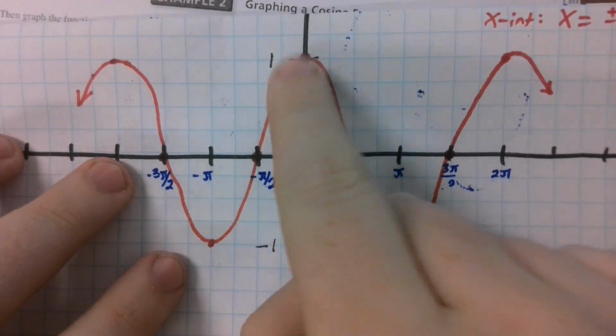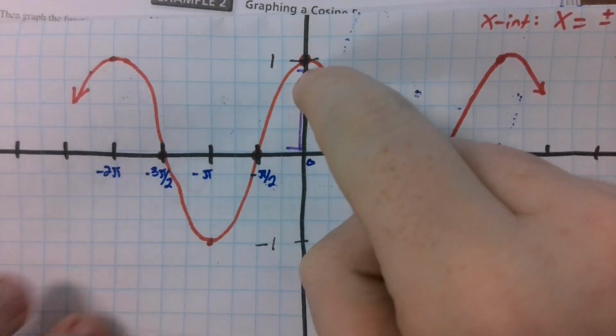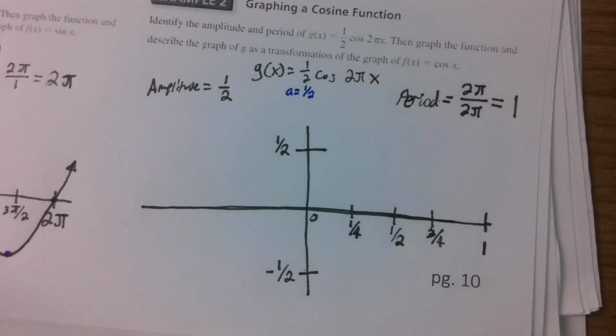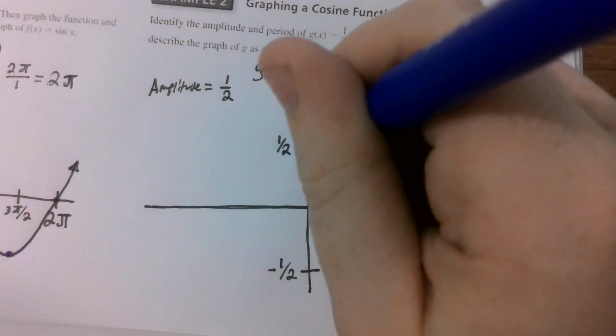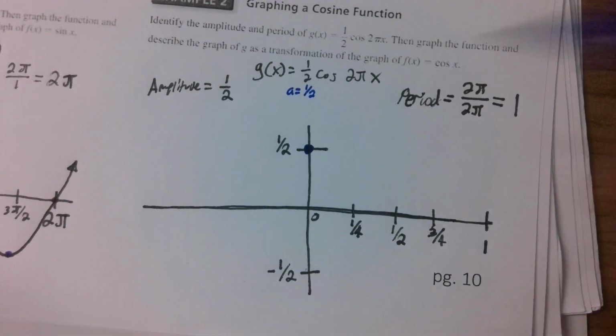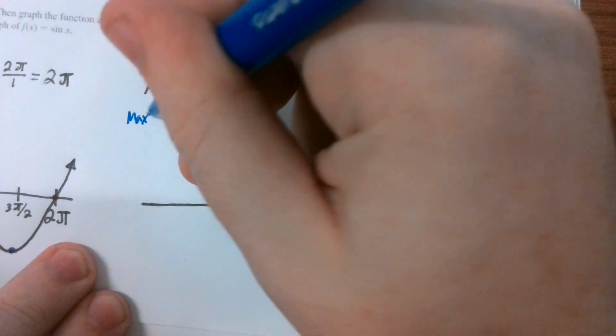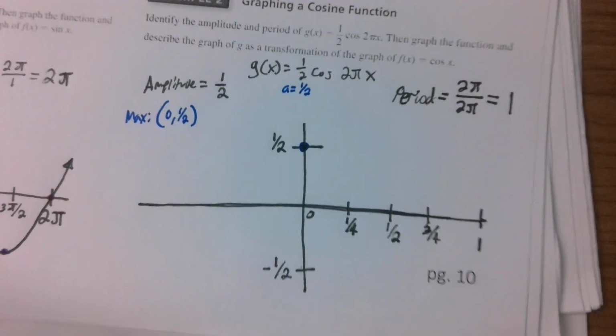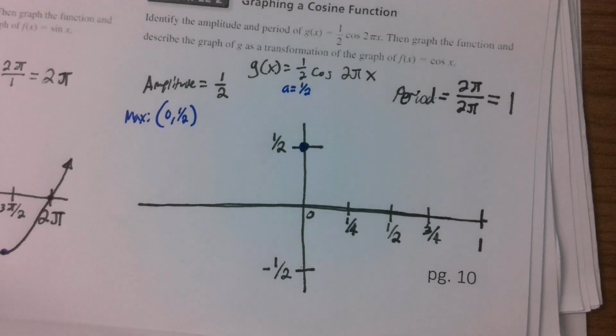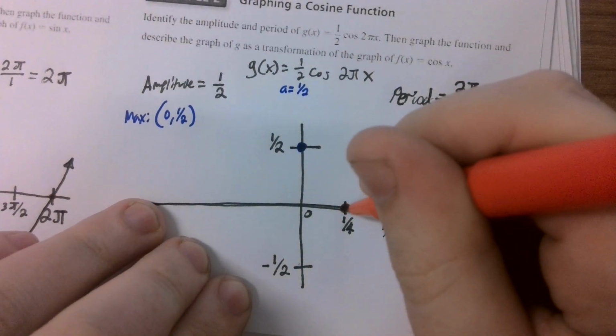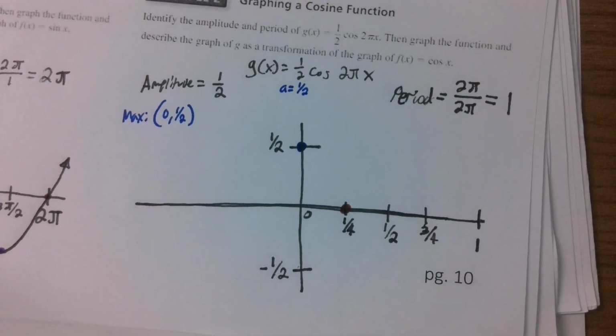The parent function for cosine starts up at the maximum. Our maximum is 1/2, so in this case, we are going to have a point up here at 0, 1/2. That is our first maximum, 0, 1/2. From there, we then go down to our middle, which in this case is our x-axis.